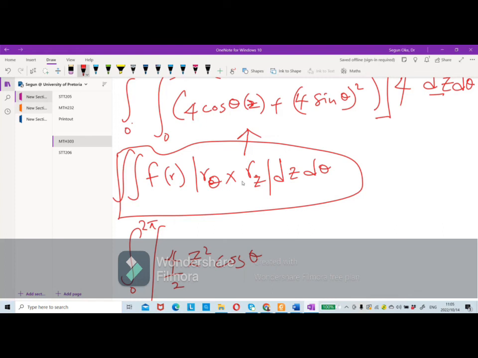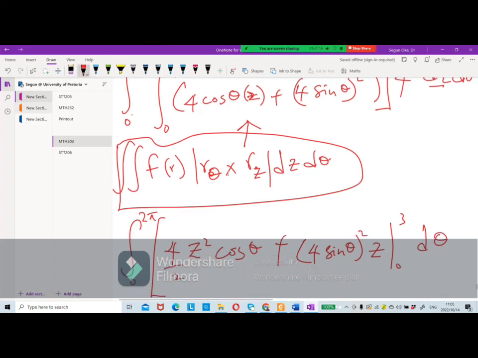Plus, you might not even need to break this one down. All you need to do is 4 sine theta all squared times z. Then you substitute your limits, dz, d theta rather.